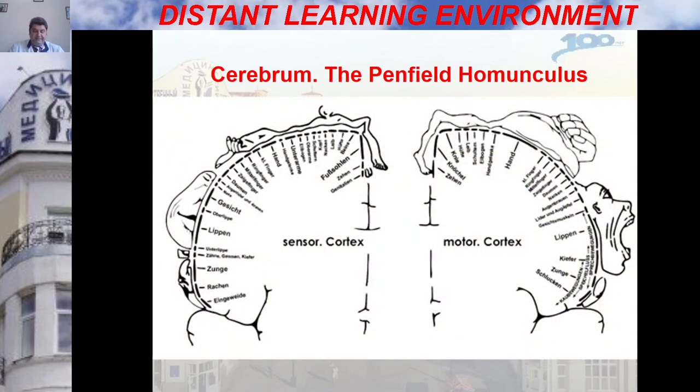So you may see the projection of analyzers here, motor and sensory parts on precentral and postcentral gyri. You may see that the motor parts have projection from face, tongue and hand.